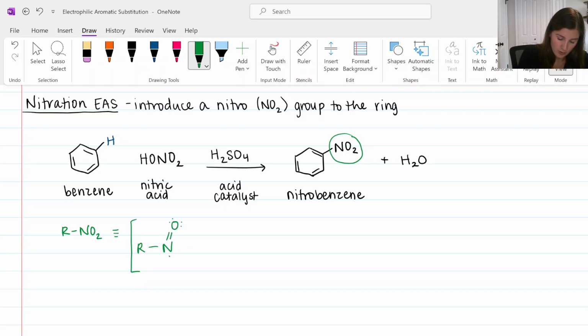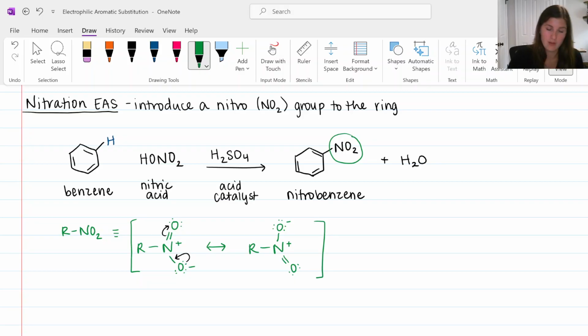It has a double bond to one oxygen and a single bond to another. That oxygen has a negative charge and the nitrogen has a positive charge. This is resonance stabilized because we can create a double bond there and break the other double bond. Nitrogen stays positive, but either oxygen can hold the negative charge. So when we're talking about an NO2 group, that's the actual Lewis structure that we're looking at.